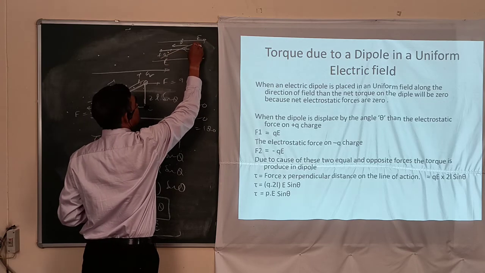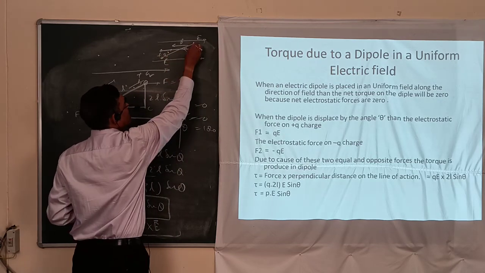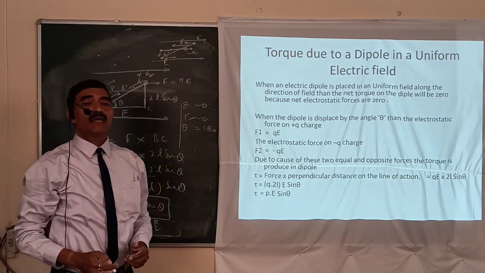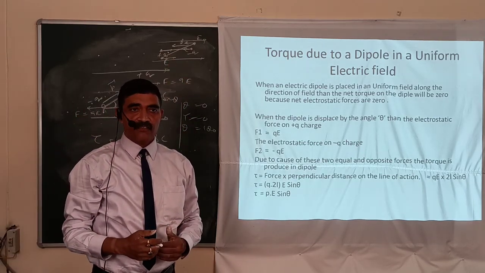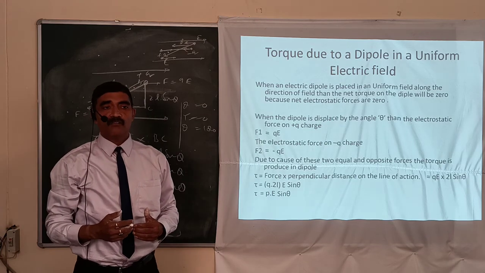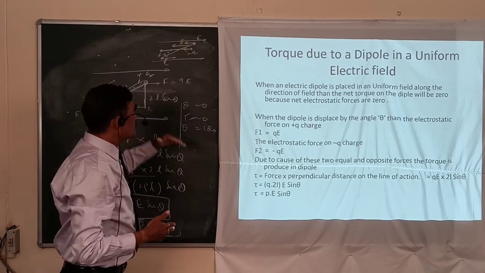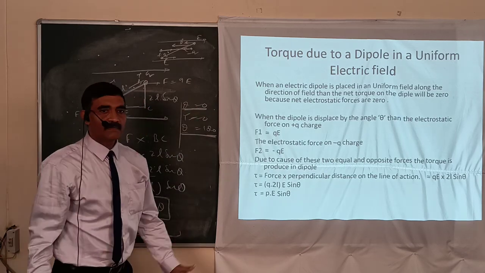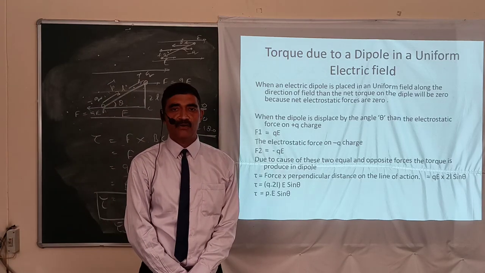If we slightly displace this dipole, because of these forces, it will turn and become parallel to the electric field. Means in that case the torque will make P parallel to the E. This is known as the unstable equilibrium. So this is unstable and this is the stable equilibrium. That's all. Thank you. Have a nice day.